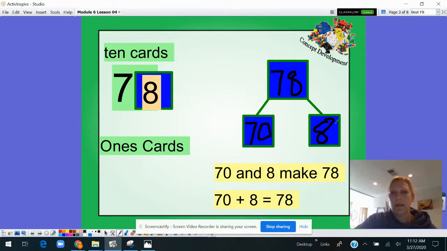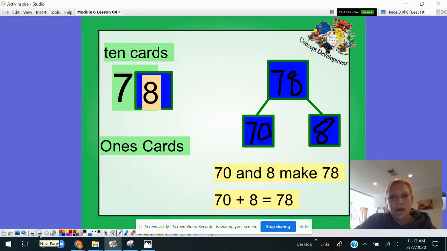So we made the number 78, which is also right down here. 70 and 8 make 78. That is the exact same thing as if we did an equation. 70 plus 8 equals 78.